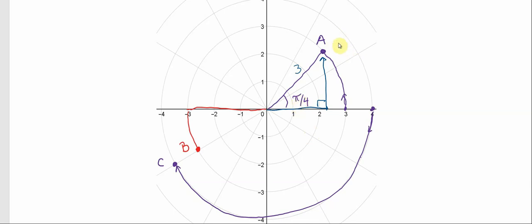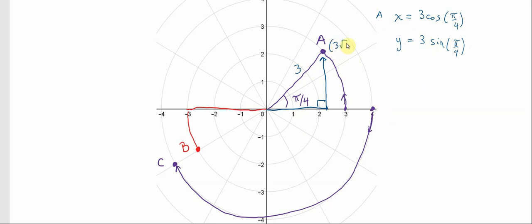So to calculate for A, its X coordinate is 3 times cosine of pi over 4. And the Y coordinate is 3 times sine of pi over 4. Okay, which gives us root 2 over 2 times 3, and root 2 over 2 times 3.